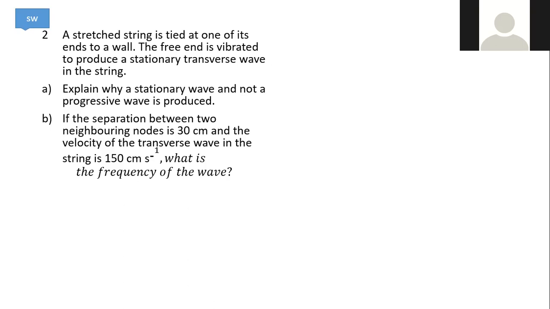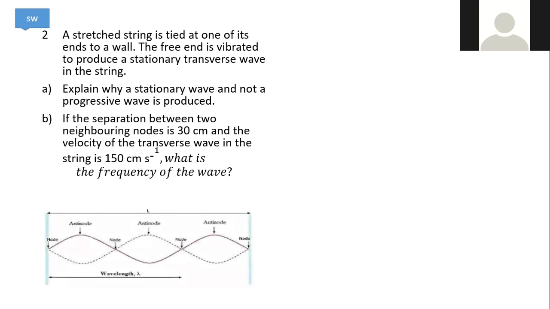Okay, wave reflected from the wall. That's all? Superposition of two progressive waves of the same frequency and amplitude but traveling in opposite directions produces a standing wave. You must learn to apply here, not just memorize the answer. When the free end is moved up and down, you send the wave down. At the wall it is reflected, so the incident and reflected waves interfere. That's what you should say to produce a standing wave.